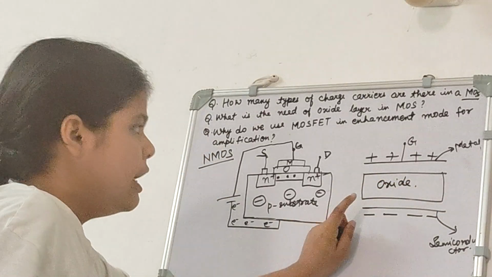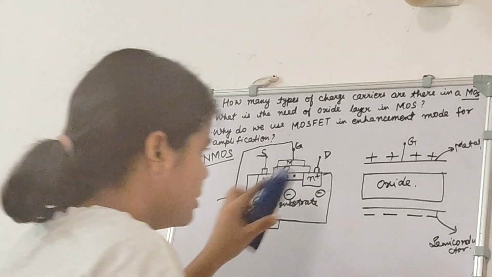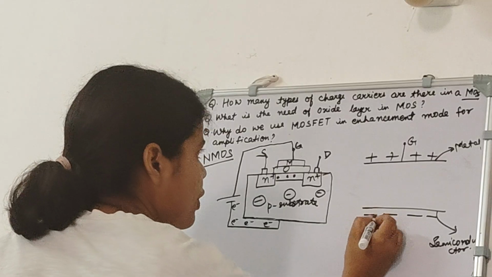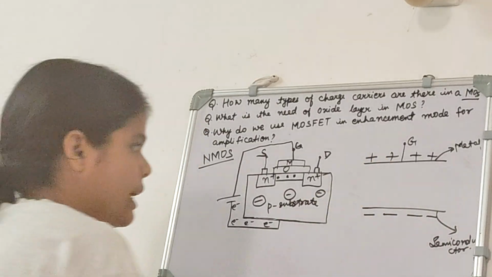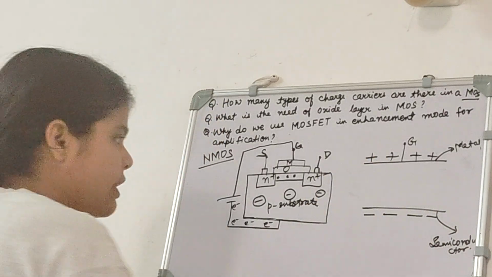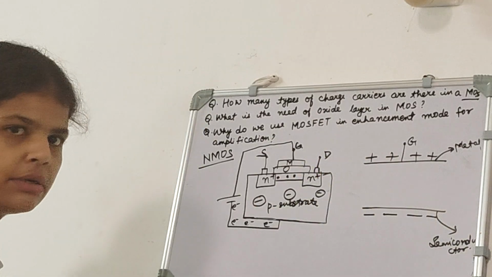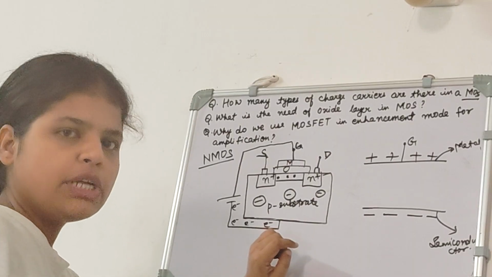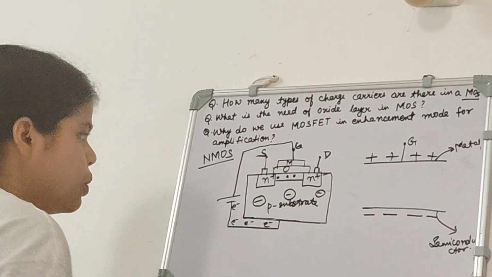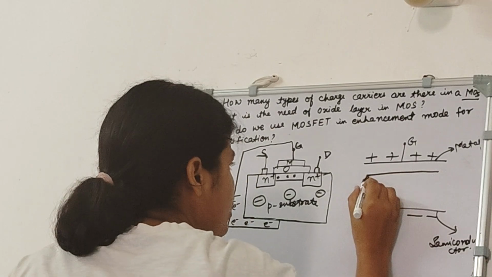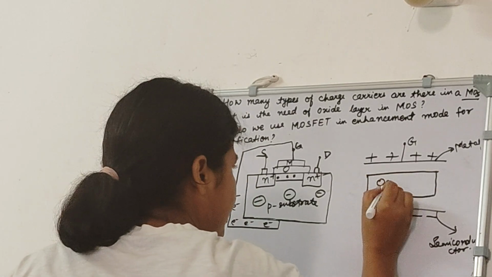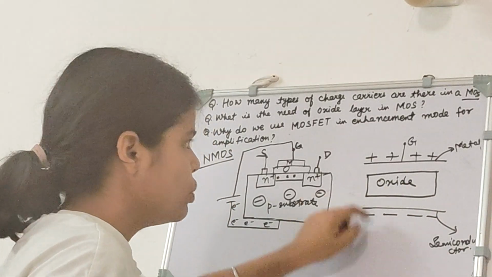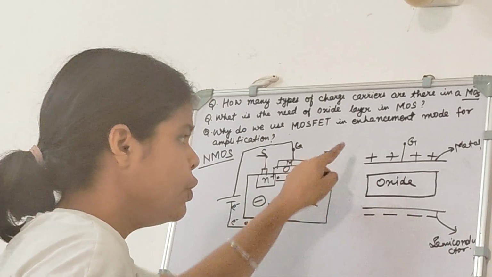So if oxide layer wasn't there, then what would happen? If oxide layer wasn't there, then these electrons will go to the metal layer and they will just get neutralized, and when these electrons get neutralized by going into the metal layer, there won't be any channel left, and without channel there won't be any conduction of current. So we can say that when we put oxide layer here, it acts as the insulator and it stops these electrons from going to the metal layer and getting neutralized.